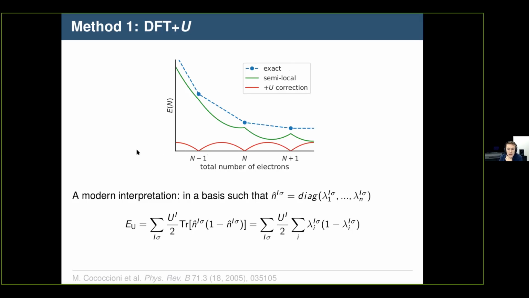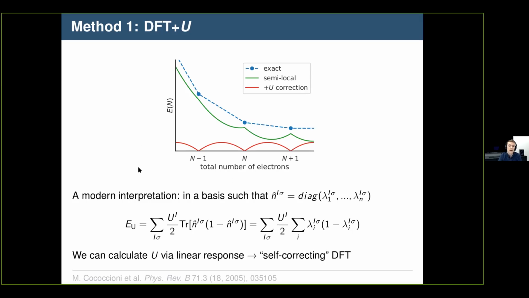Of course, this depends on me getting the right size of this U parameter here, because that's just going to scale the total height of these bumps, which actually is incredibly helpful because I can explicitly measure the curvature of these lines here with a density functional theory calculation. And so I can do a DFT calculation, measure the curvature that's present, and then choose a U value that will precisely cancel it.